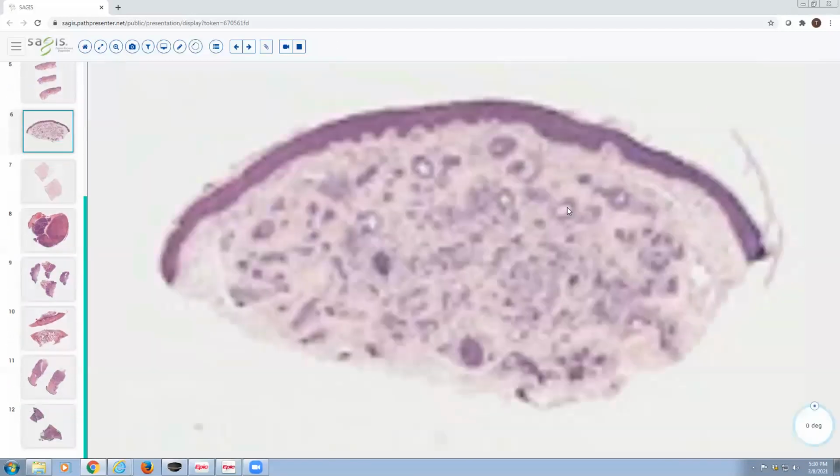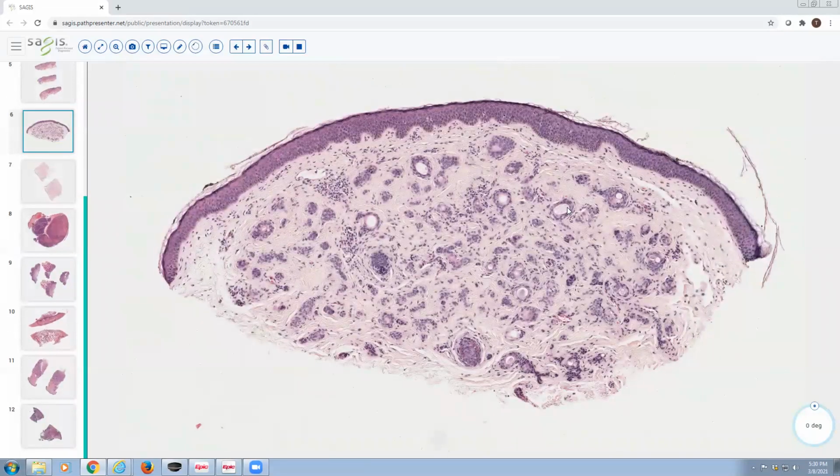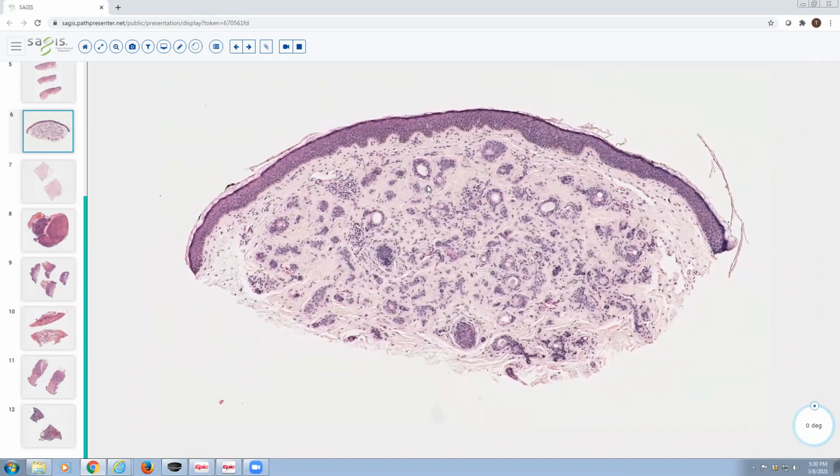Okay, moving on. We're still in the epithelial neoplasm differential. This one is a syringoma. Okay, so syringoma is, on scanning magnification, a small dome-shaped papule that is going to be very well circumscribed.